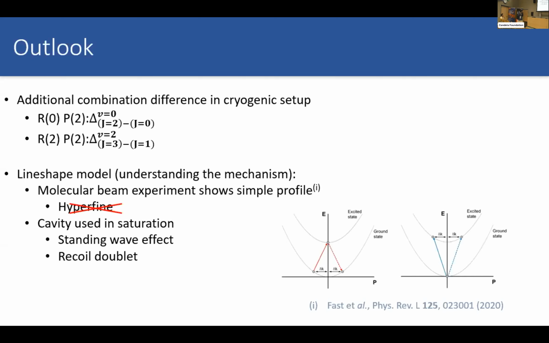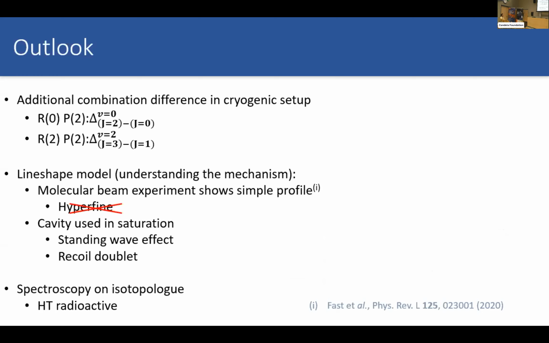One is saturated absorption on the left side, on the right side, and then you will have a stimulated emission on the left side. And one could be destroyed by this standing wave optical lattice and give rise to this kind of asymmetry.